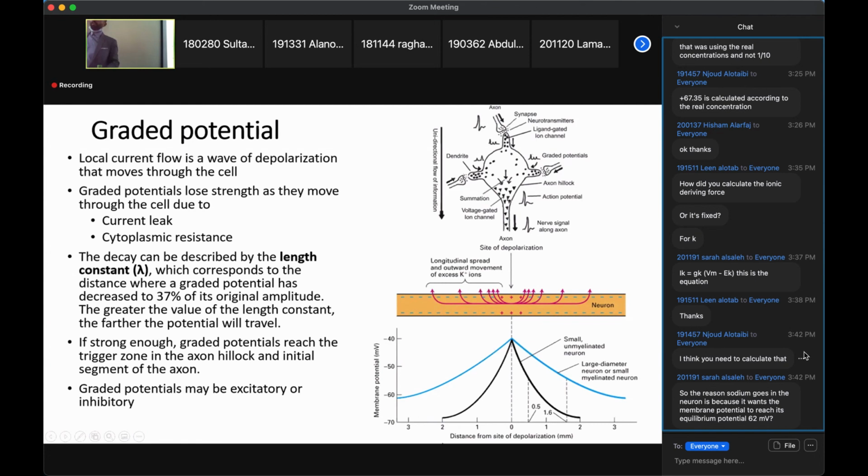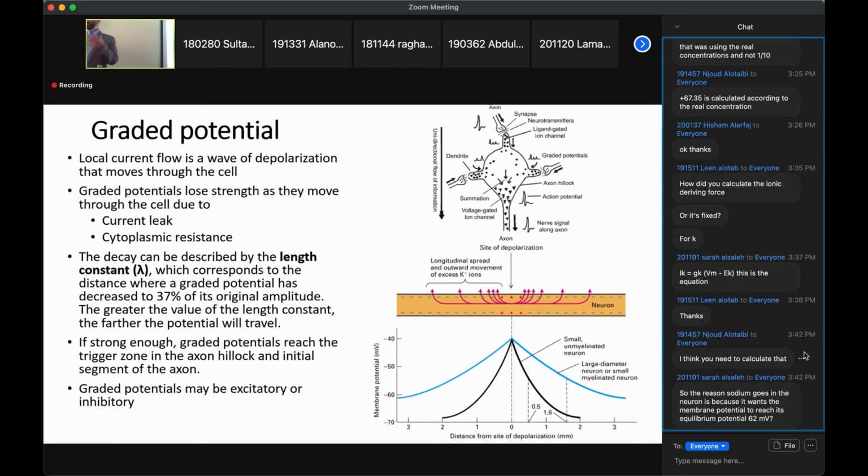However, usually graded potential loses strength as it travels, okay? Because current gets leaked. And so this can be described by something called the length constant, okay? Which basically means the distance where the graded potential has decreased to 37% of its original amplitude.